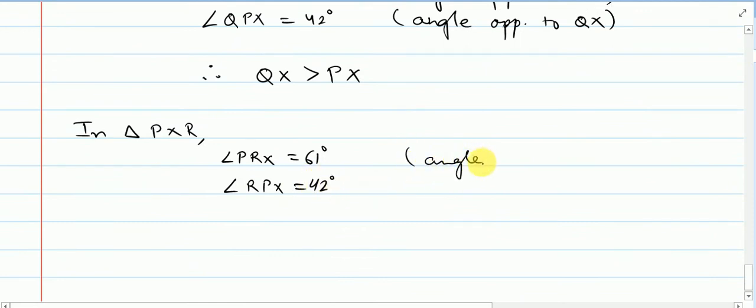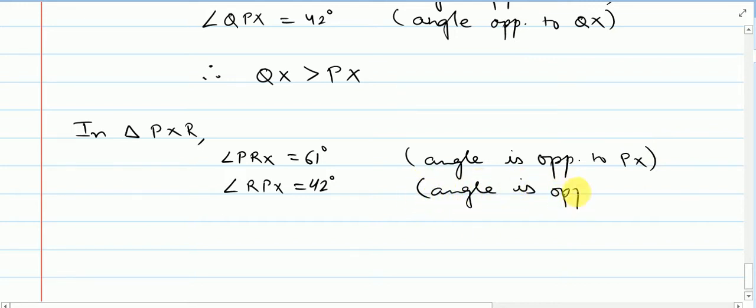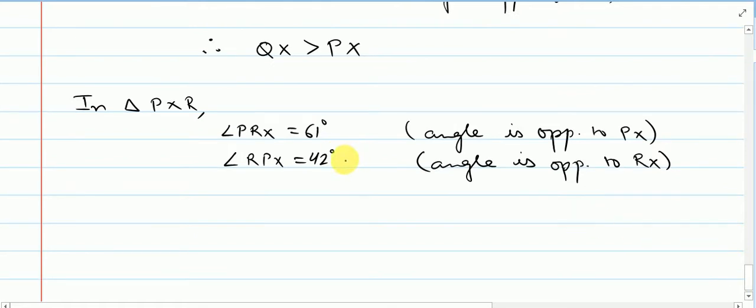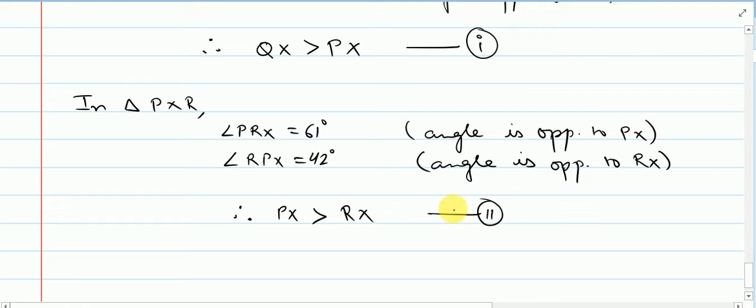This angle is opposite to PX and this angle is opposite to RX. So here you can see that 61 degree is greater than 42 degree. So it's obvious that PX is greater than RX. Therefore PX is greater than RX. Suppose this was your equation 1 and this was your equation 2.